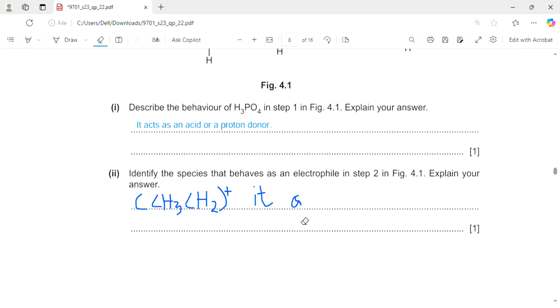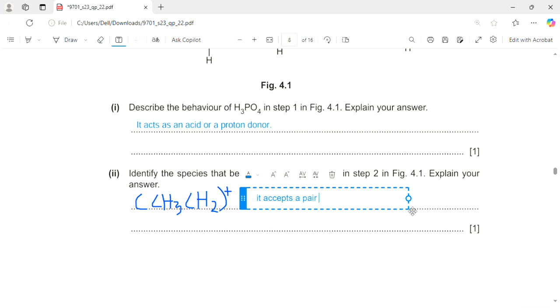I should remove this and just write in text mode. It accepts a pair of electrons.